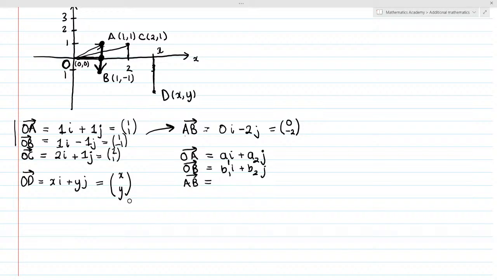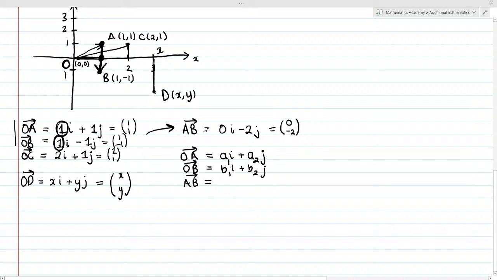Well, think about it. OA says that the point A is 1 unit to the right from O. It's also 1 unit up, but let's focus on the right and left bit first. So it's 1 unit to the right from O. B is also 1 unit to the right from O. So what does this tell us?